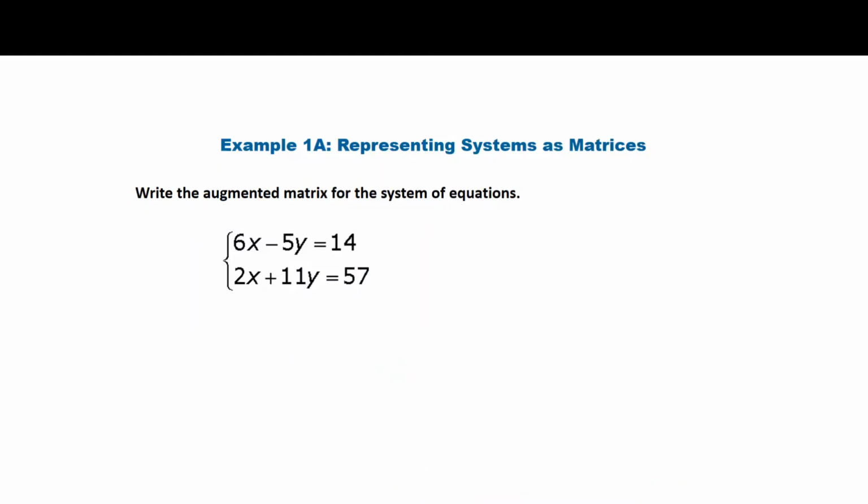Here's an example. The question says to write the augmented matrix for the system of equations. So the very first thing we want to do is write the equation in the ax plus by equals c form. As you can see from this problem, we already have x, y, and c, with c being our constant. Here we've written it to make sure it's in the correct form.